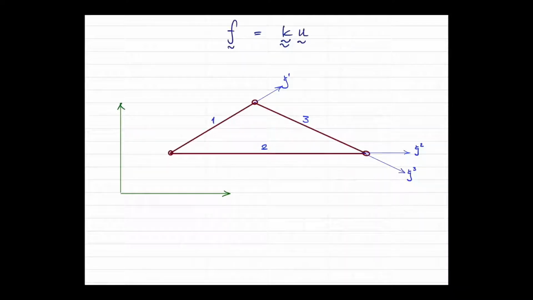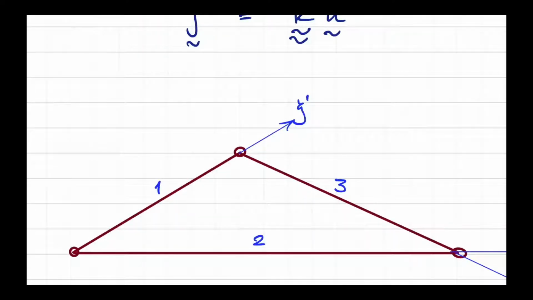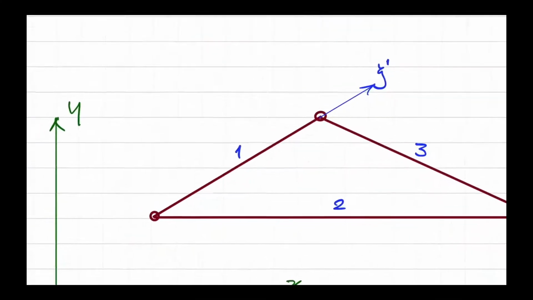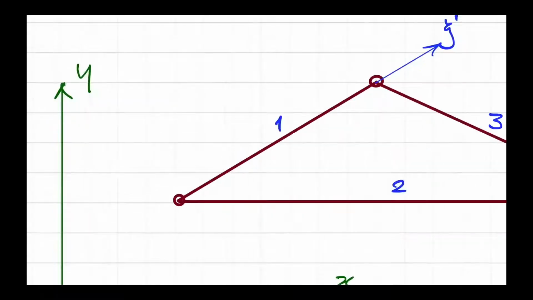For a planar frame system, we have the x and we have the y, right? So basically, for now, if you have this orientation, let's consider member number 1. For member 1, let's see the set of parameters, the unknowns and variables, that we have in this problem.